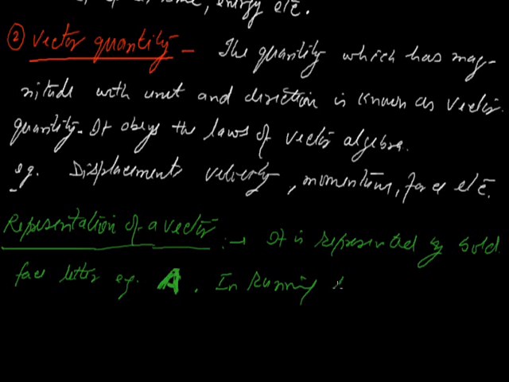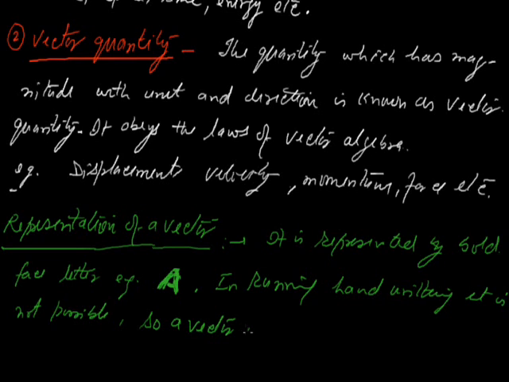In running handwriting it is not possible, so a vector is represented by a letter with an arrow.